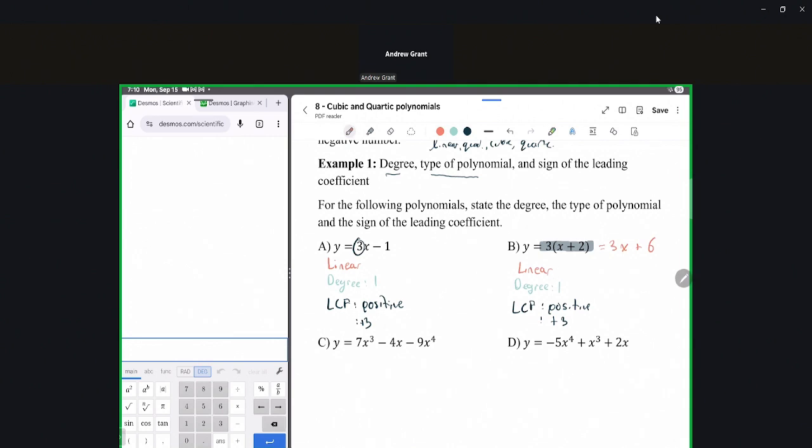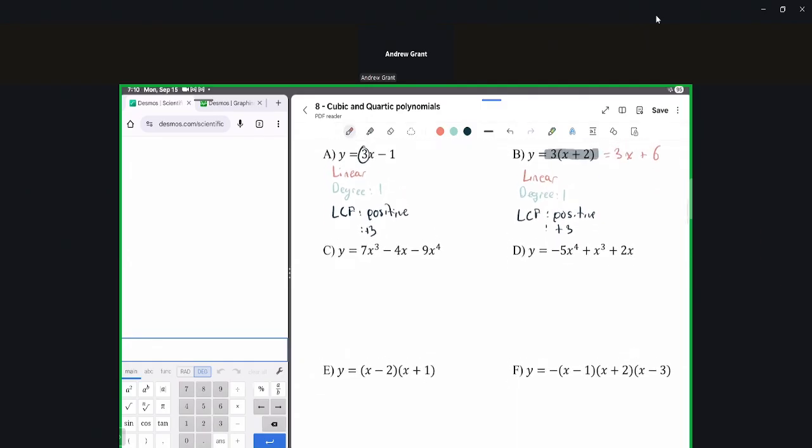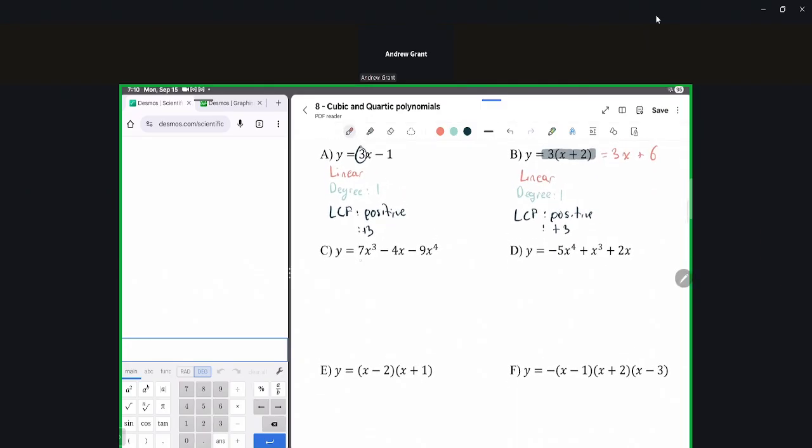Okay, let's continue on. Letter C, we have y is equal to 7x to the power of 3 minus 4x minus 9x to the power of 4. So it's written out of order, so we can go ahead and just write that in the correct order. So this is going to be y is equal to negative 9x to the power of 4 plus 7x to the power of 3 minus 4x.